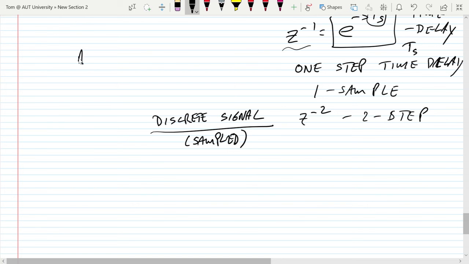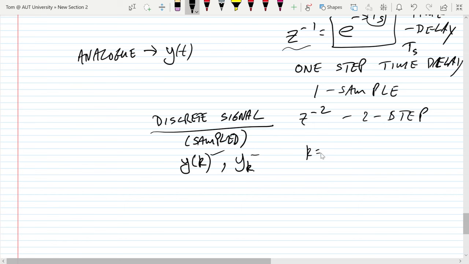So an analog signal is written as, say, y of t, in functions of time. A discrete signal is written as y of k, or it could be written y subscript k. You don't usually use superscript. So it's that one or that one, where k is an integer, 0, 1, 2, 3, 4, and so on.